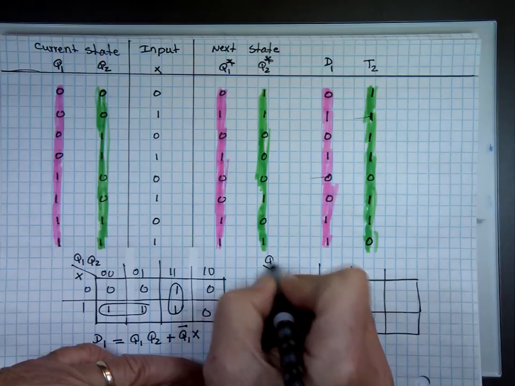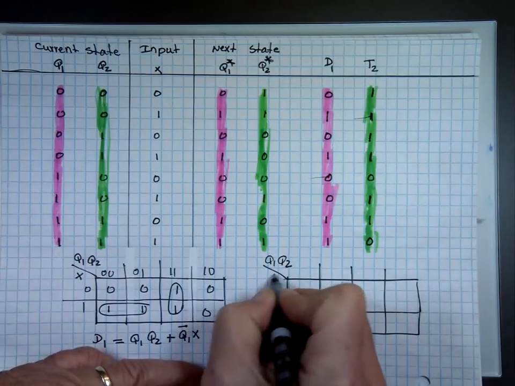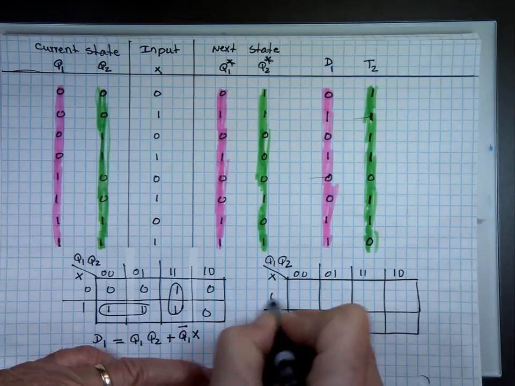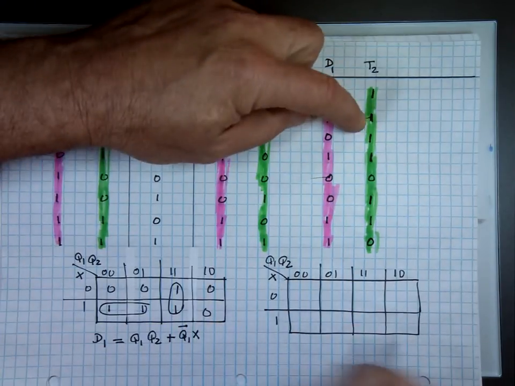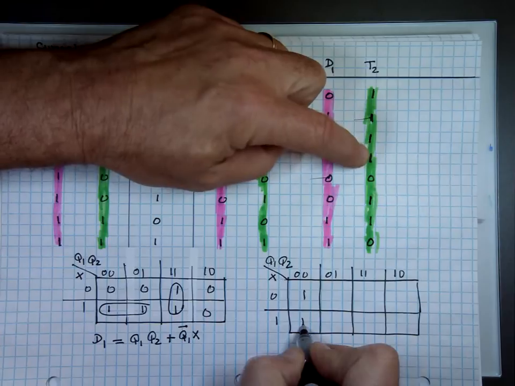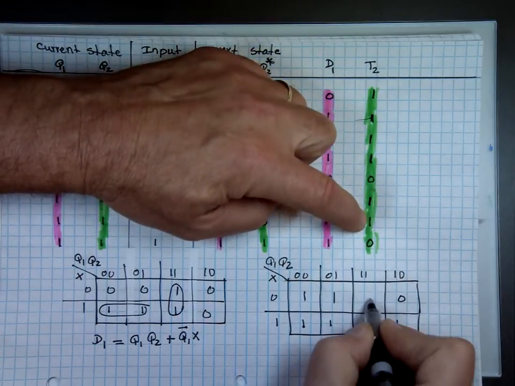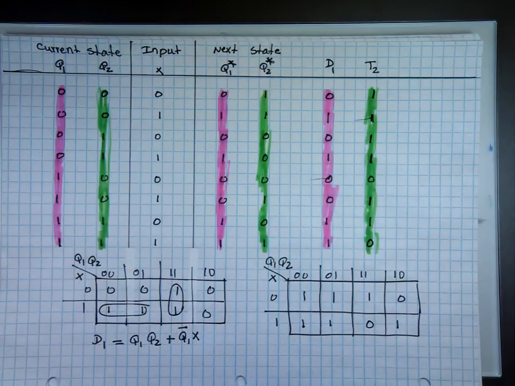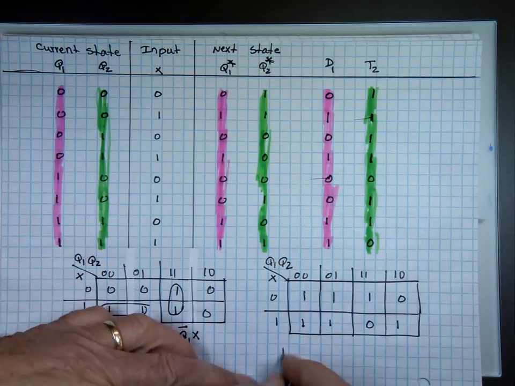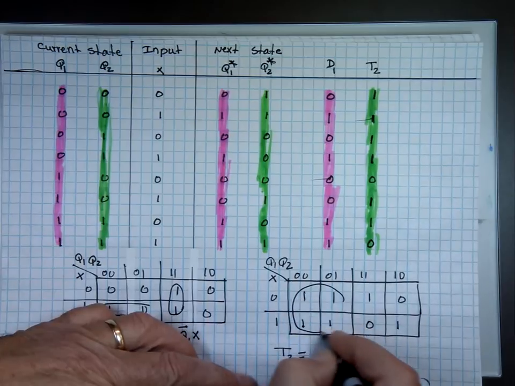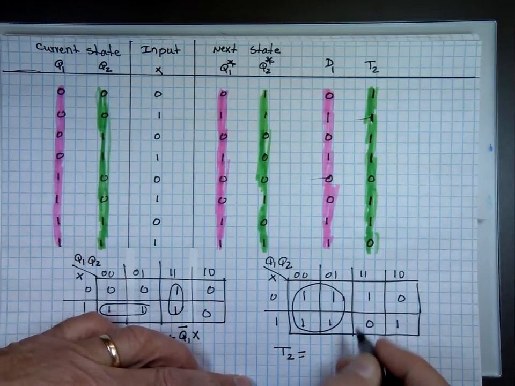Q1, Q2, and X. 1, 1, 0, 1, 1, 0. To read that, I can take the 4 here, and that looks like Q1 naught.